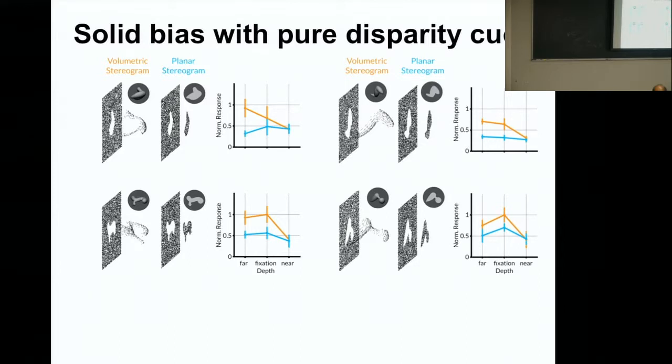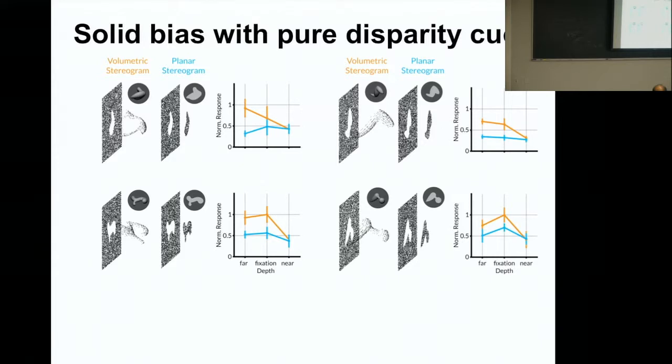Behind disparity. And in all of these experiments, what this graph shows is that the responses to the volumetric solid 3D shape stimuli remained higher than the responses to the 2D shape stimuli. 3D is yellow, blue is the planar stimuli.